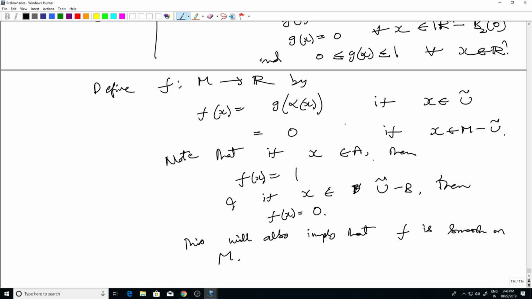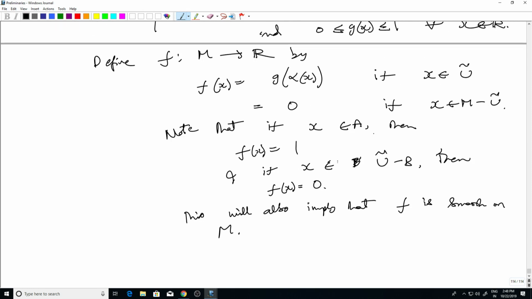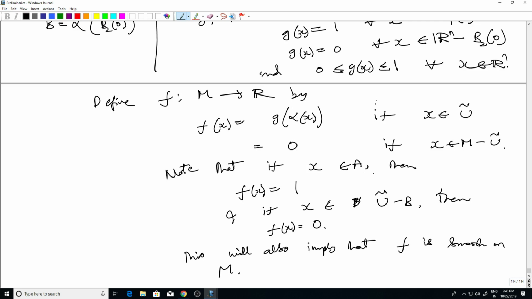For instance, in this simple case, if x belongs to U tilde, anyway it's a composition of smooth functions, therefore it is smooth. And if x belongs to M minus U tilde as well, here this is the constant function which is smooth. Though ideally, when one talks about smoothness, the domain should be an open set. So here one has to change slightly and regard it as a function on M minus U tilde closure. Then the constant function is smooth. Then the task becomes what happens.